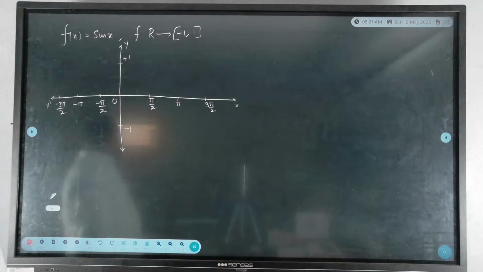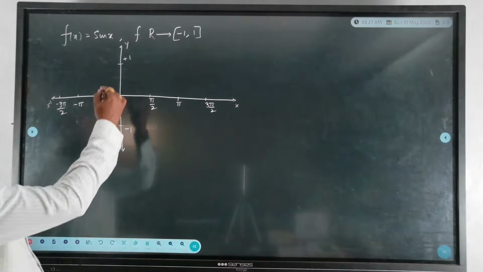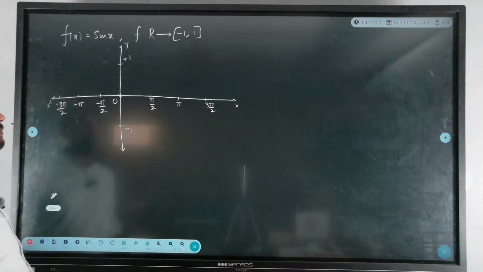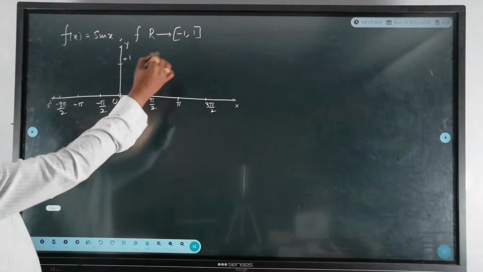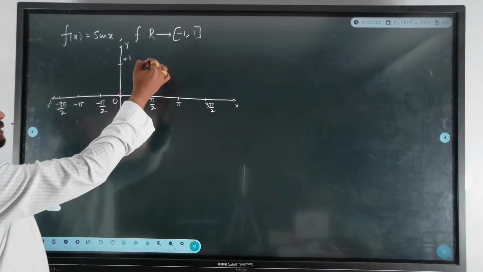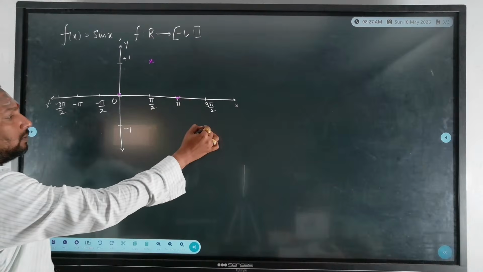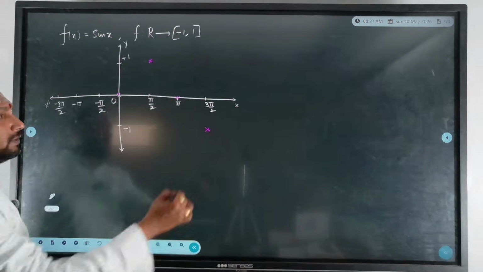Okay, so sin 0 is 0, sin 90 is 1, sin 180 is 0, sin 270 is -1.